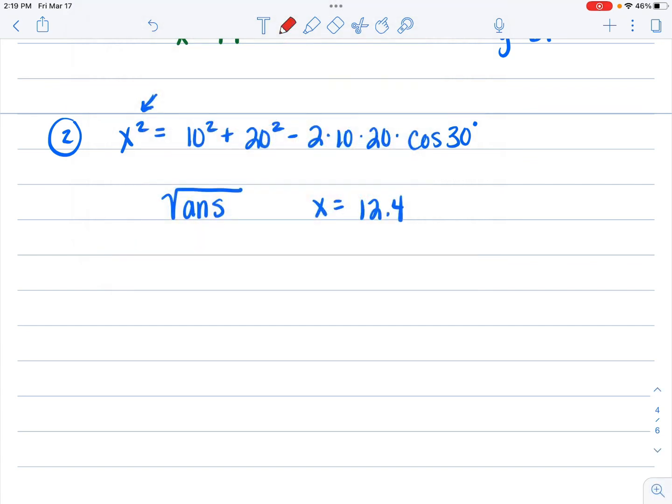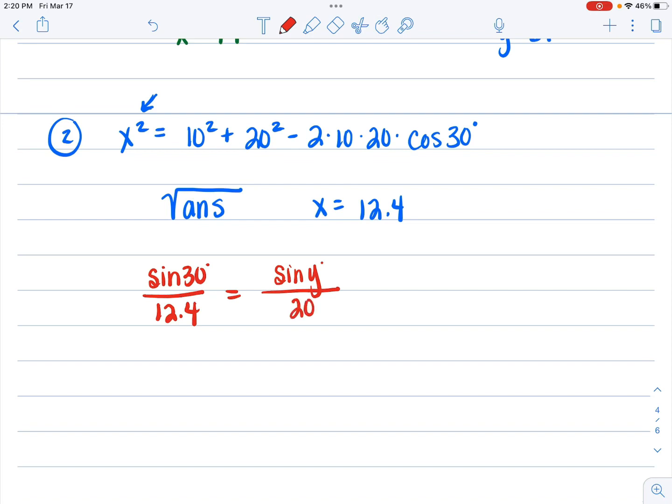Okay, so one more time, it was 12.4, and I know that it is across from the 30. So using the law of sines, I'm going to have the sine of 30 over 12.4. I am looking for angle y, so it's going to be the sine of y, and it is across from 20, so 20 is going to go on the bottom.